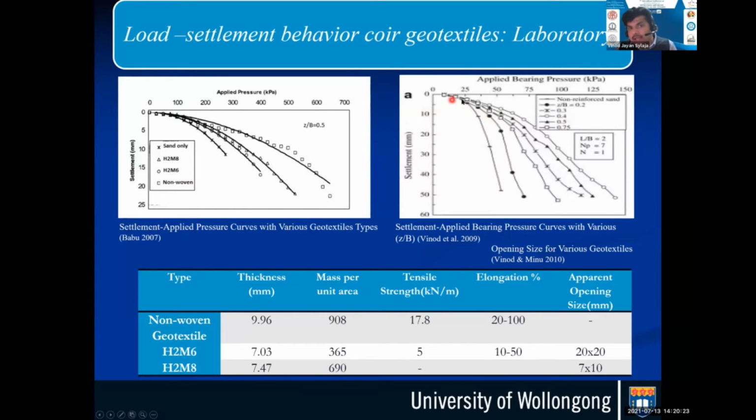There is a slight increase in the stiffness plus an increase in the ultimate bearing pressure with the inclusion of coir geotextiles. So basically, with the inclusion of coir geotextiles, we can get an increase in stiffness and an increase in the bearing pressure. Now, this is some information about the geotextiles that they have used for this experimental work.